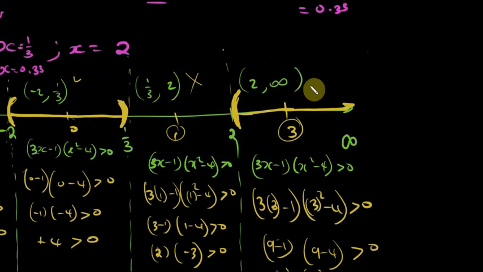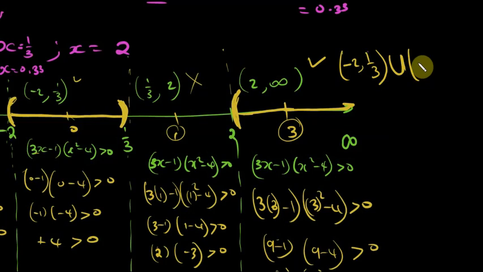So yeah, we're finishing off now. The region is from -2 to 1/3, union 2 all the way to infinity. That's the set of values that give the correct solution.